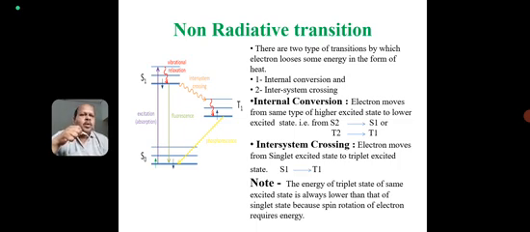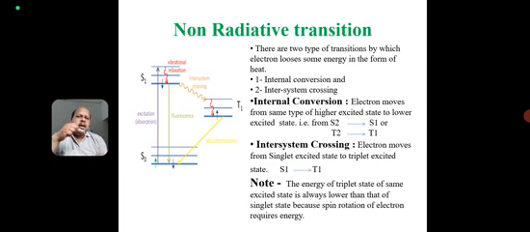Internal conversion, where the electron moves from a higher excited state to a lower excited state of the same type, that is from S2 to S1, from S3 to S1, or from T2 to T1, like this. Next is intersystem crossing. In this, the electron moves from a singlet state to a triplet state.